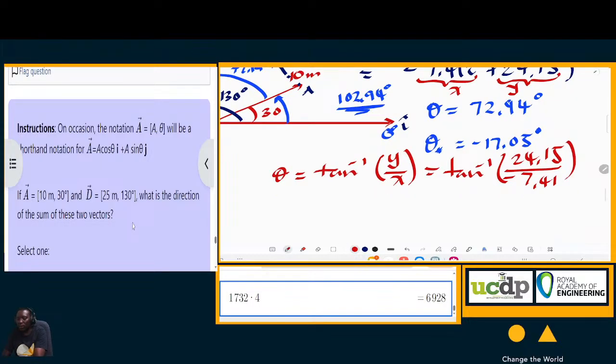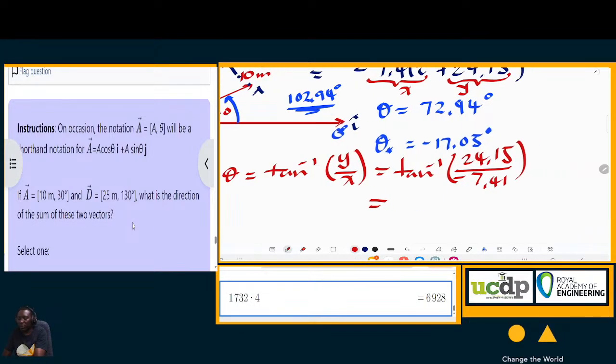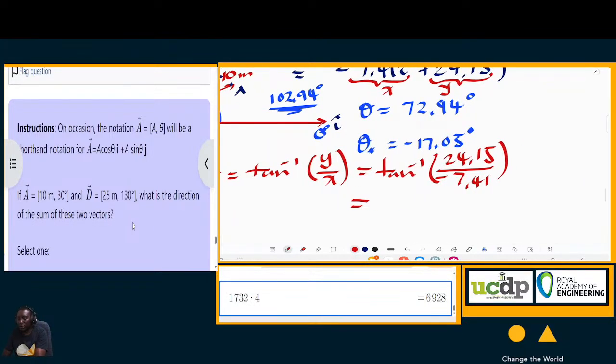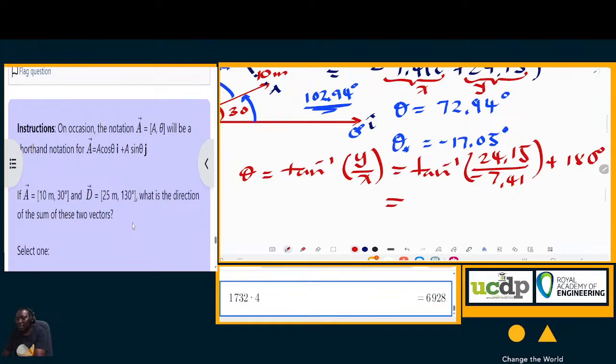Okay, and what did you get? And I added 180 because it gave me a negative value, which is negative 17 now. So plus 180 degrees, then it gave you 107.06.